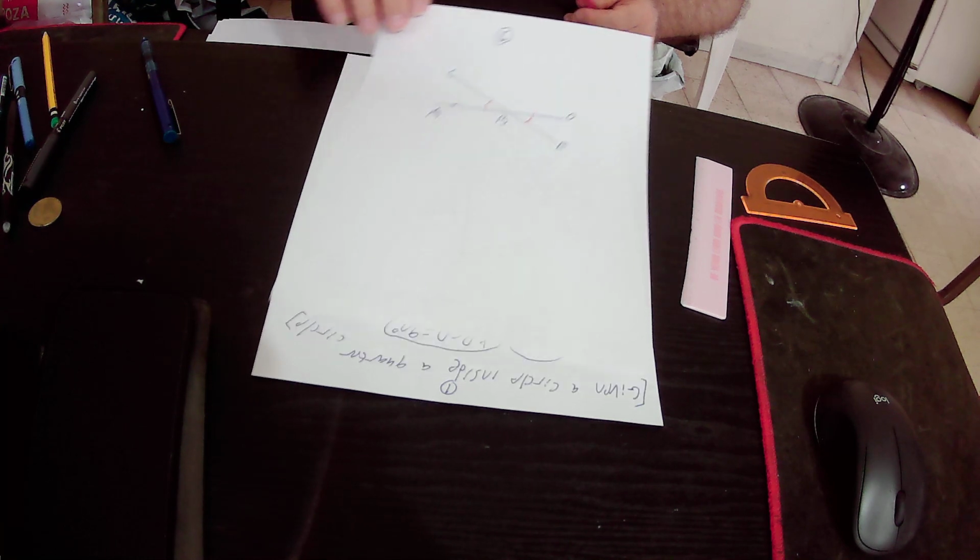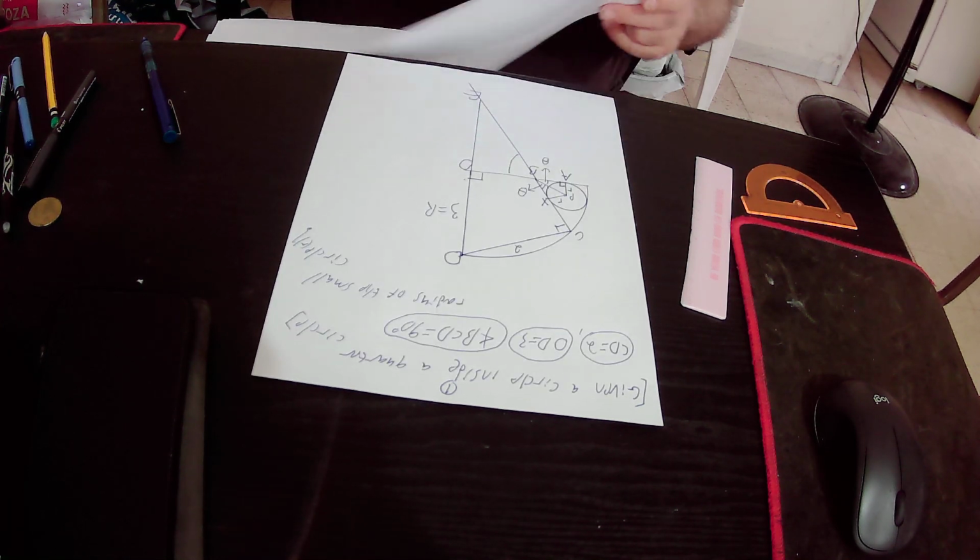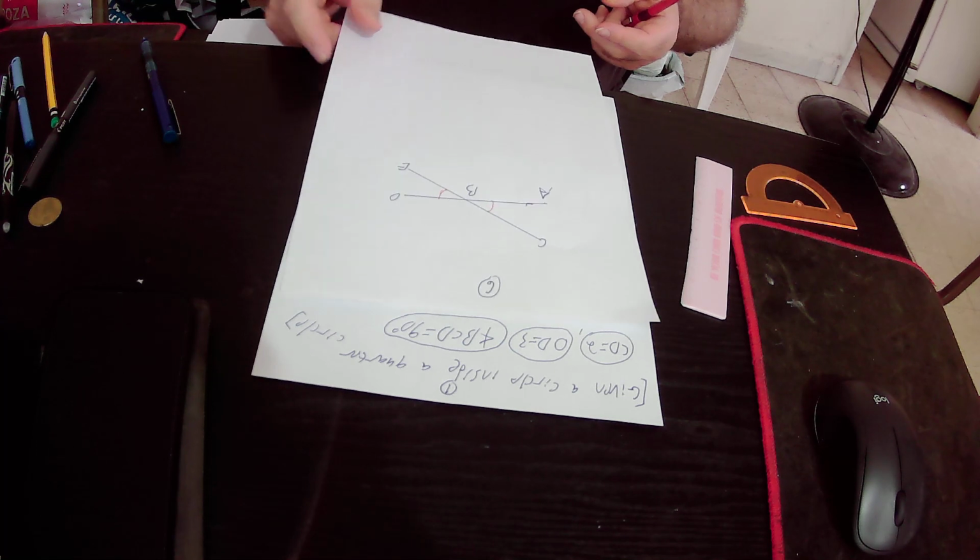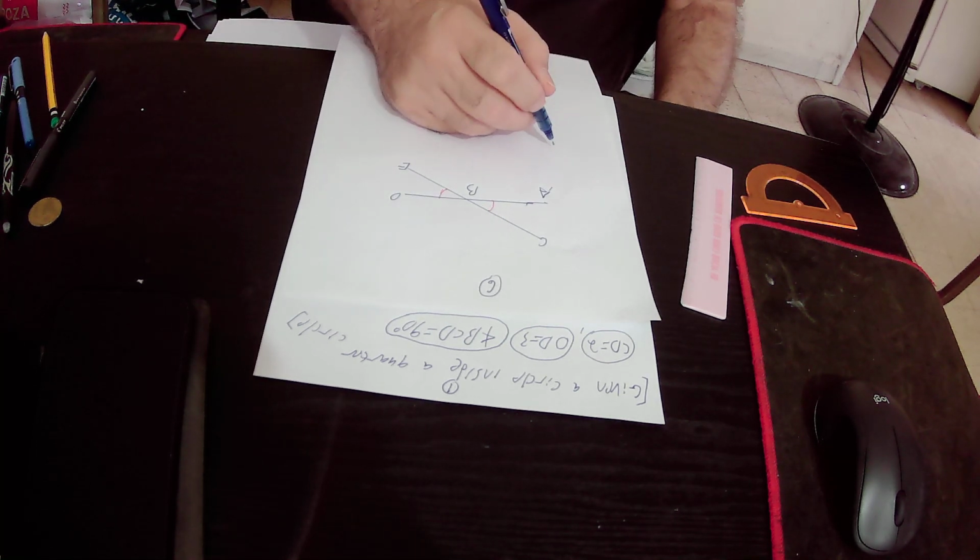And we have a rule that states that vertical angles are equal to each other.